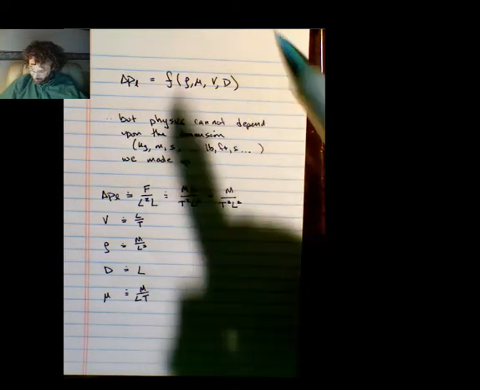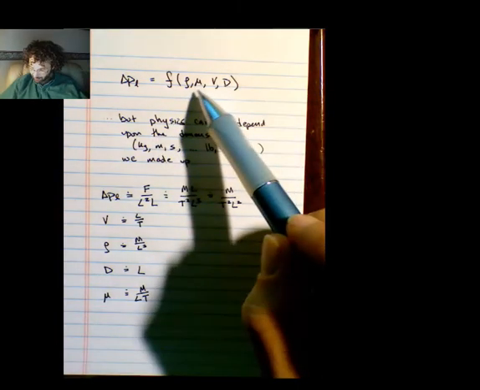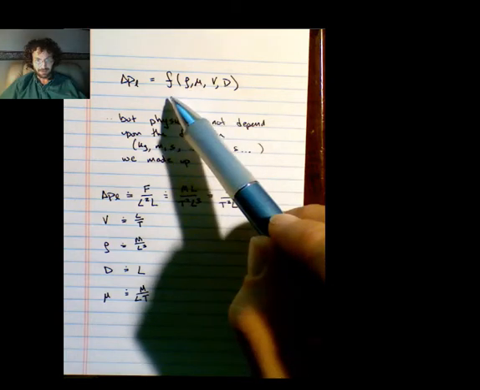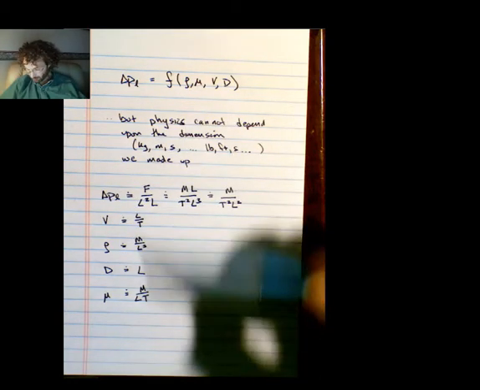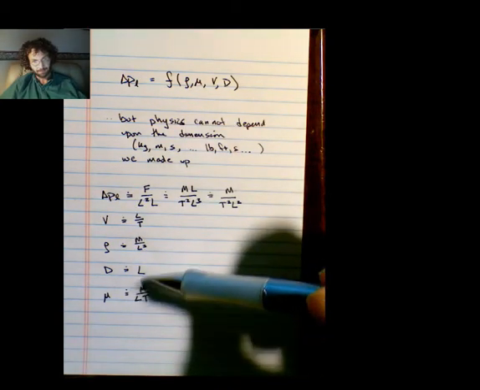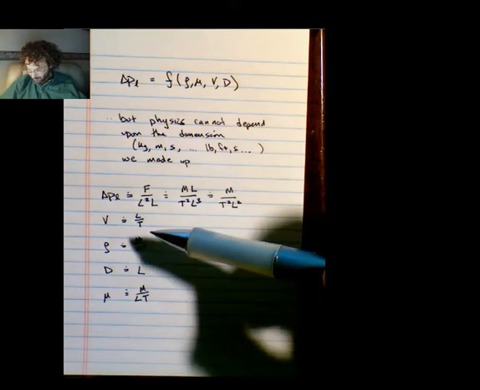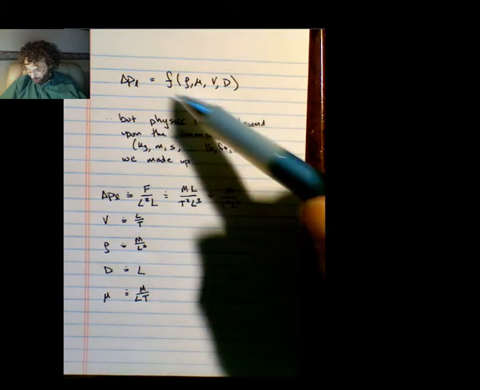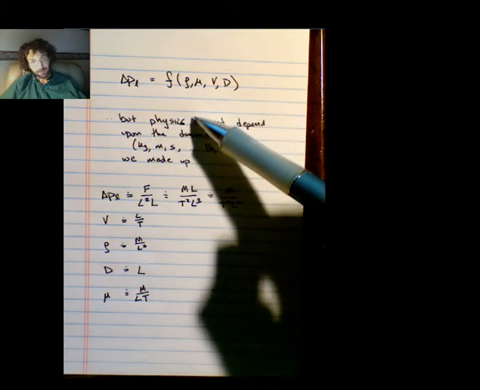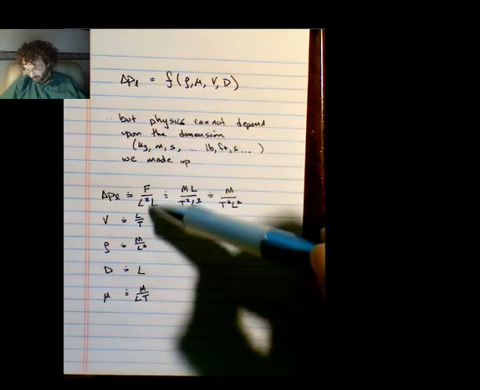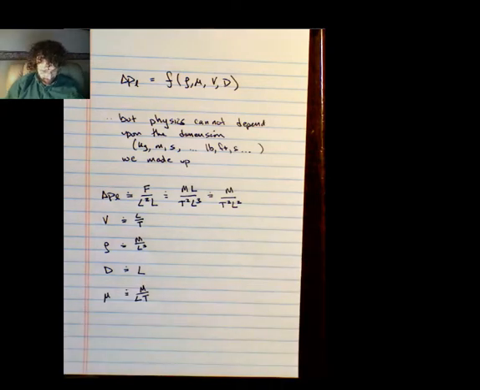And so I've been trying to emphasize here that the root physics of this can't depend on any of these, because these are things we ascribe to the problem in our description of it. And so what that means is that the variables involved here have to appear in such a way that these dimensions divide out.